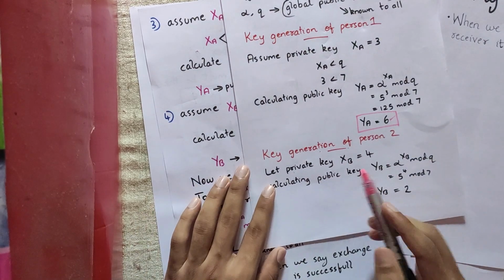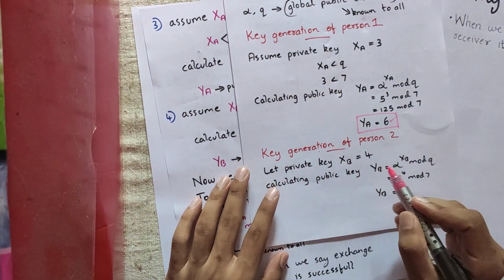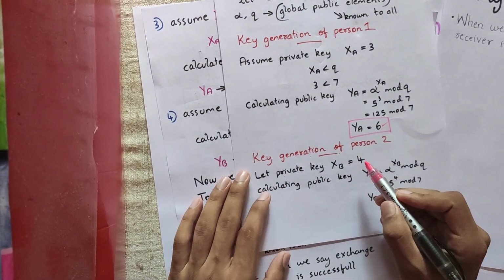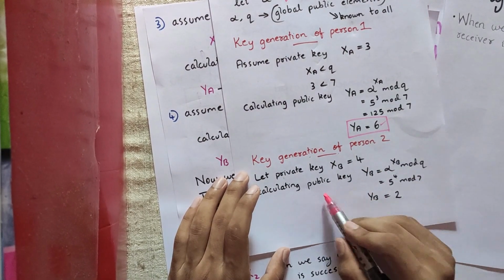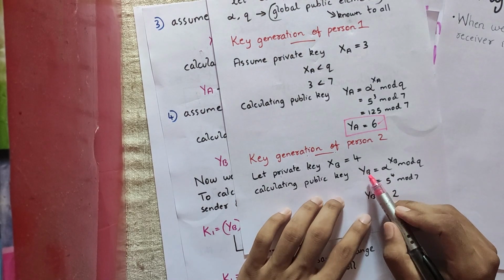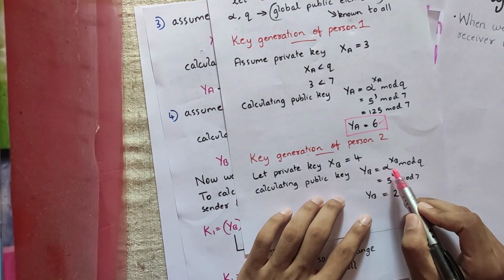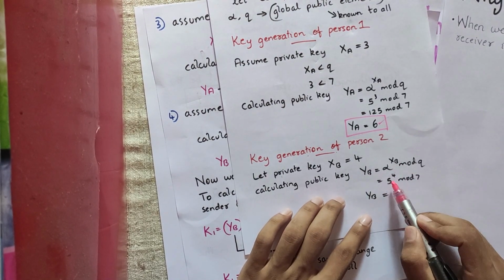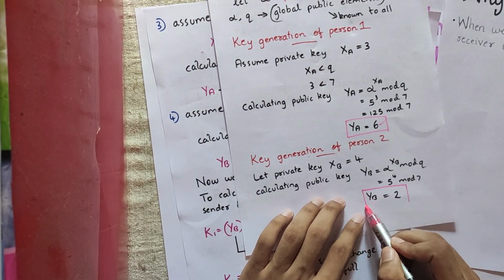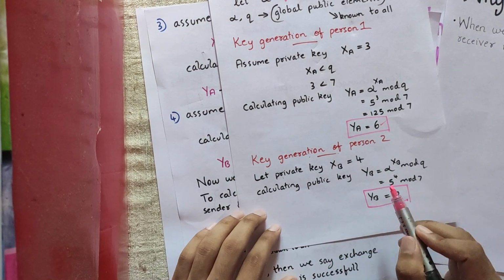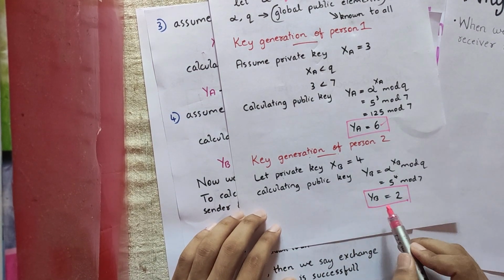Let the private key xb be equal to 4. I am giving xb the value 4 and calculating the public key: yb is equal to 5 raised to 4 mod q, that is yb is equal to 2. So the public key of person b is 2.